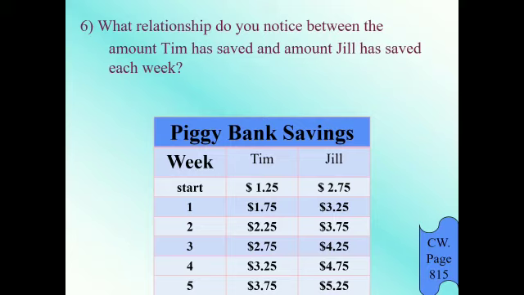I need to subtract Tim's amount from Jill's. When I subtract 1.25 from 2.75, I get 1.50. So Jill saves $1.50 more than Tim each week.